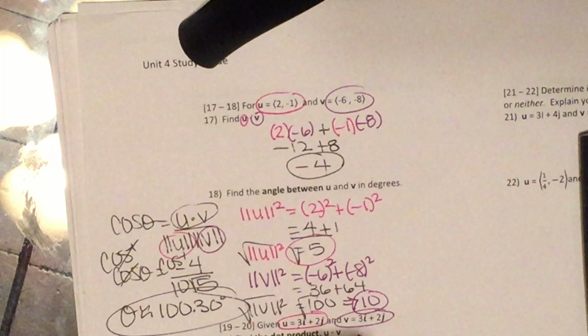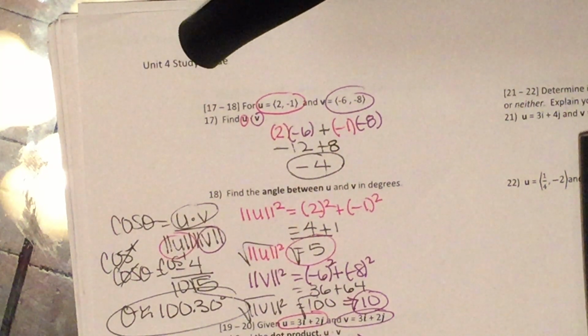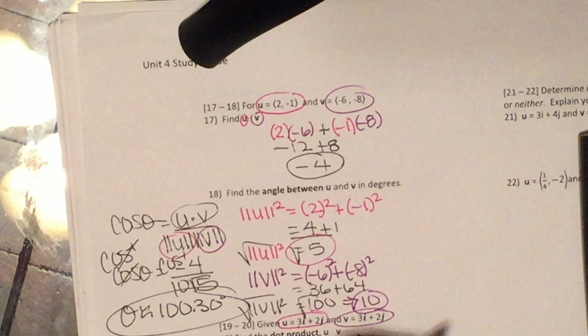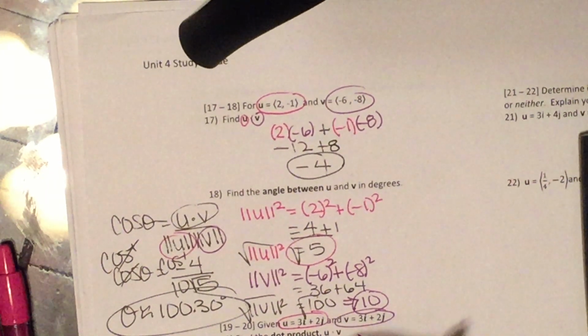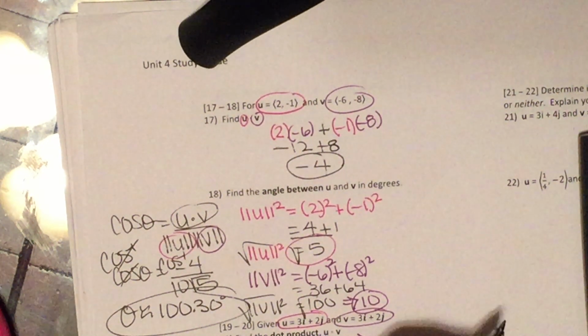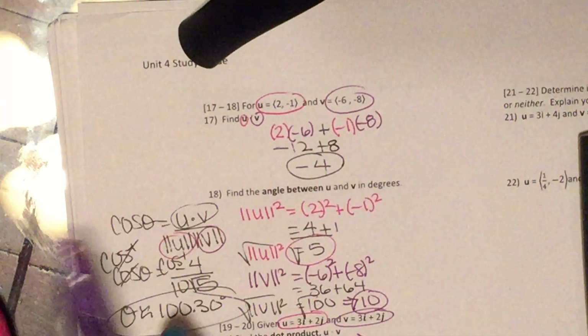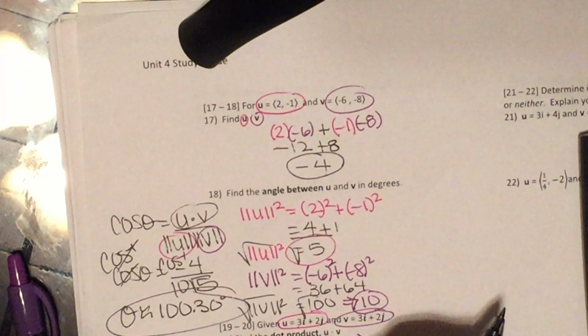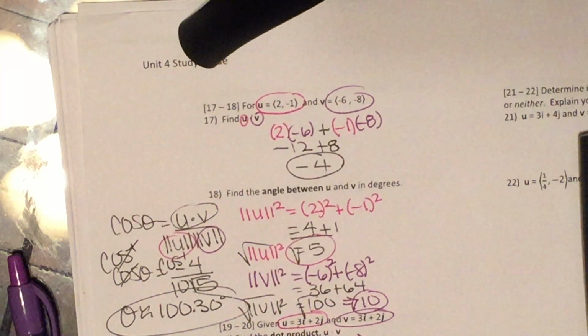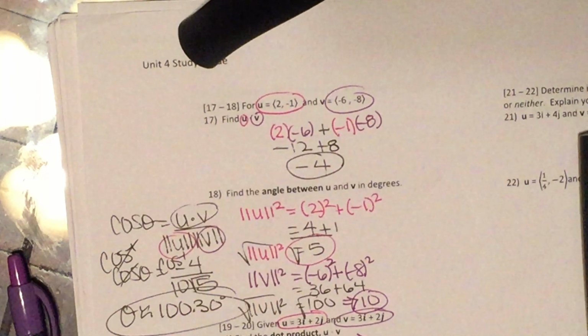So the dot product of u and v is 3 times 3, plus 2 times 2. Okay, so that's going to be 9 plus 4, which is 13. So that's going to be my dot product.